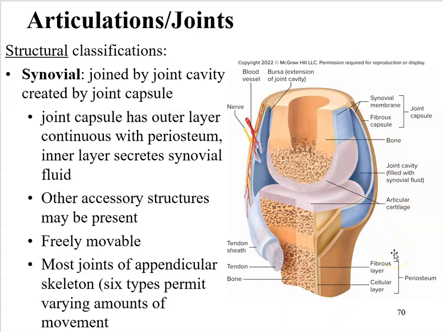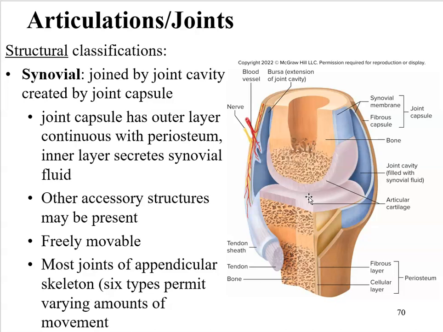The inner, thinner layer is composed of connective tissue cells that secrete a lubricating, viscous fluid called synovial fluid, which is the consistency of egg whites. This synovial fluid is going to coat all the structures within the capsule and allow the structures to move together with a minimal amount of friction.